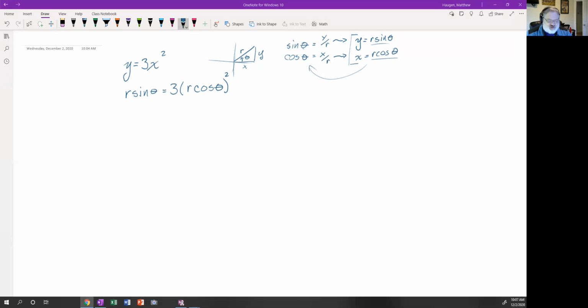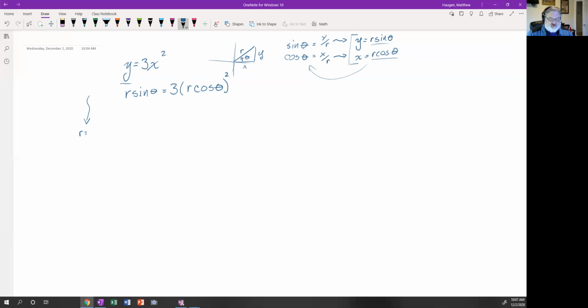The issue is that it's not in the polar form that we want, because just like we like these functions solved for y, so they're functions of x, we'd like to have this solved for r equals. Now, that's not always possible, just like it's not always possible in Cartesian to write everything as a function. But one of the reasons polar can be very handy is a lot more things are functions in polar than they are in Cartesian.